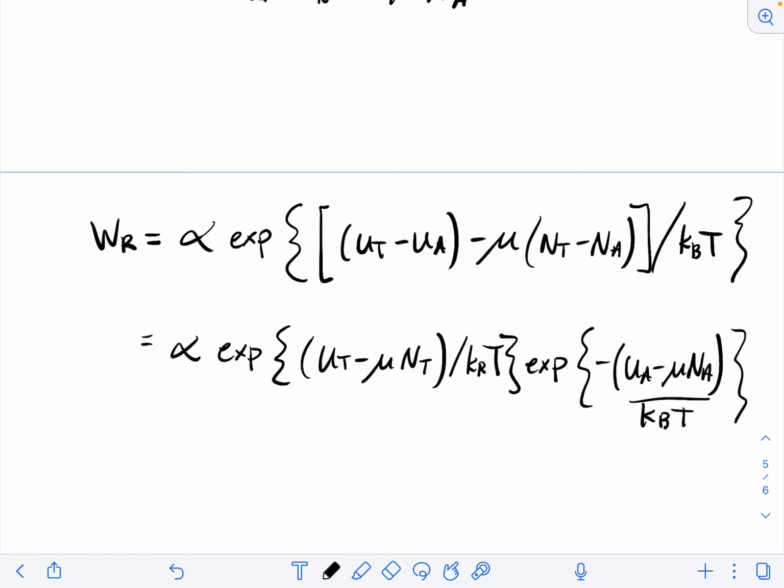Now I'm going to take all of the stuff involving the total quantities for the entire ensemble and define that as a new constant, alpha prime.